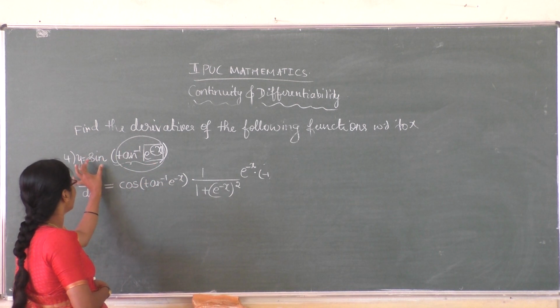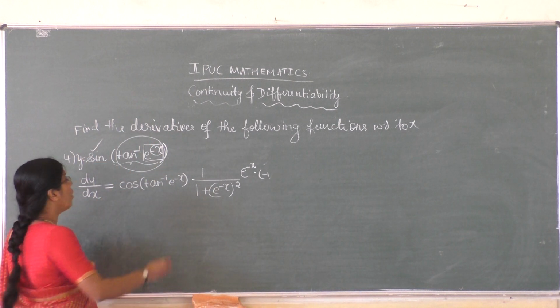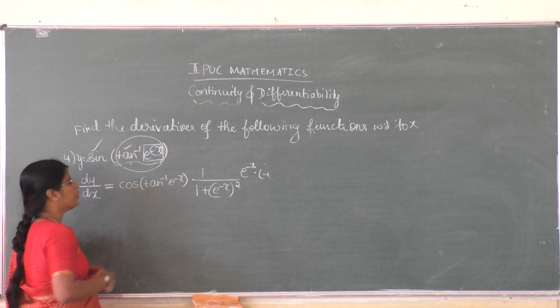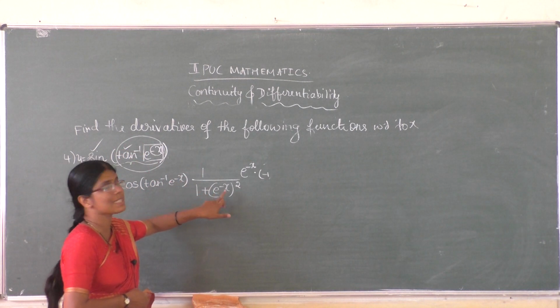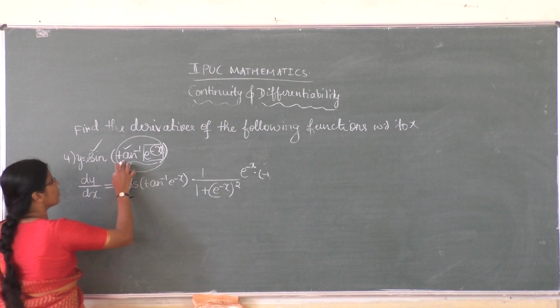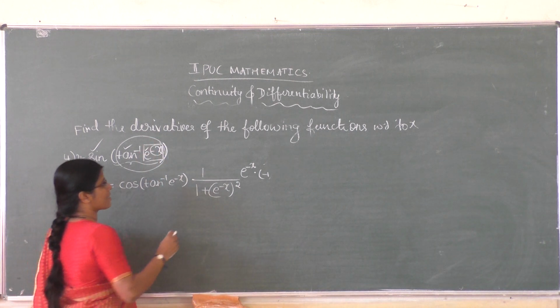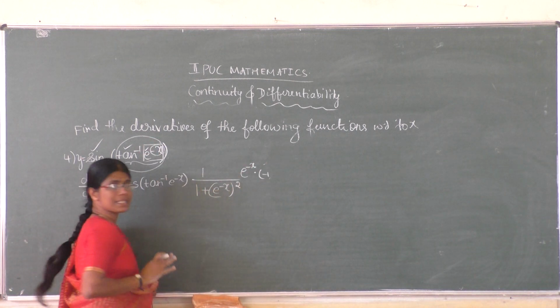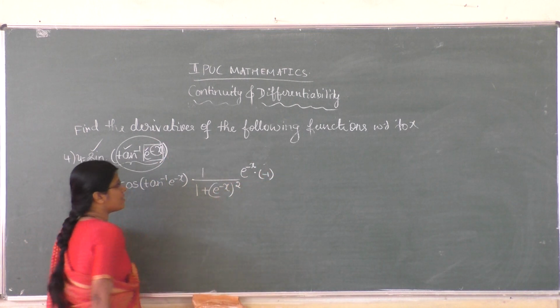So first, this derivative is over. Then you have to find the derivative of tan inverse, that is 1 by 1 plus e to the power minus x whole square, tan inverse over. Then you have to find the derivative of e to the power minus x, that is e to the power minus x itself. Then minus x, that is minus 1.